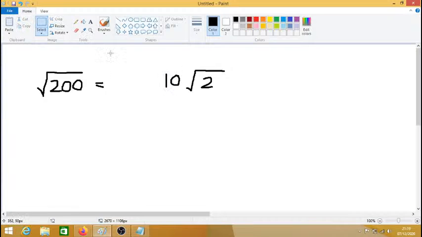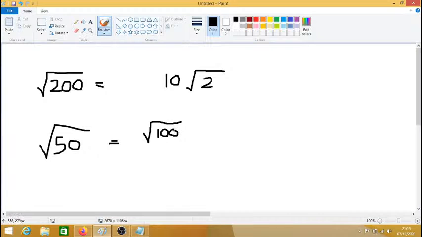Okay, so let me show you, as promised, one with divide. So what I was really thinking of was the square root of 50. And I can rewrite that as the square root of 100 divided by 2, because 50 is the number you get when you do 100 divided by 2.